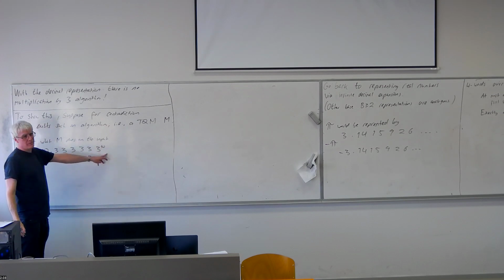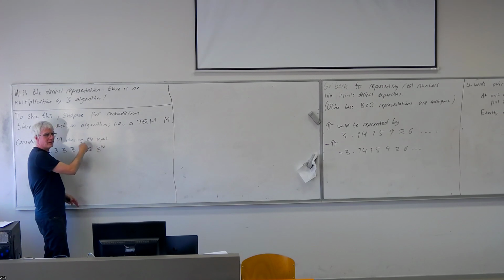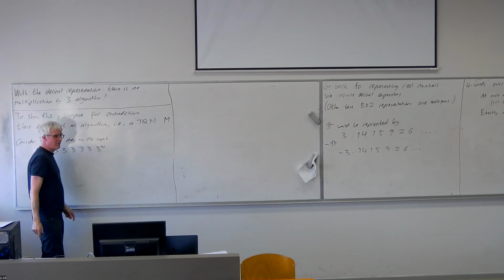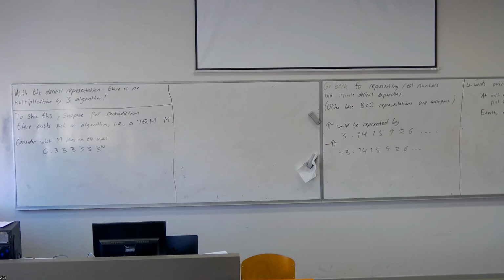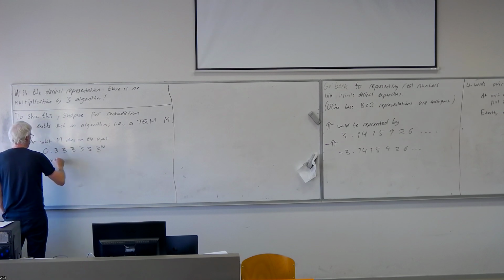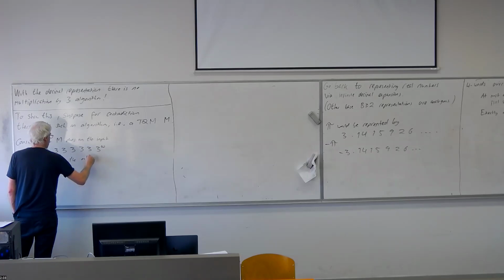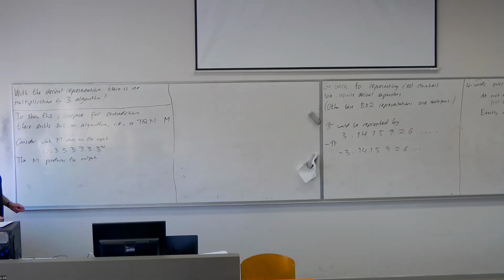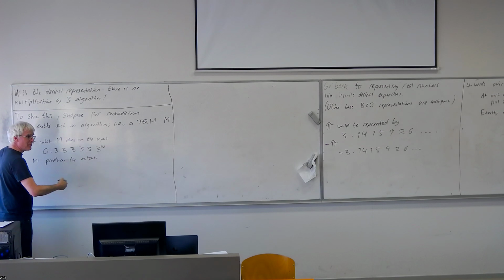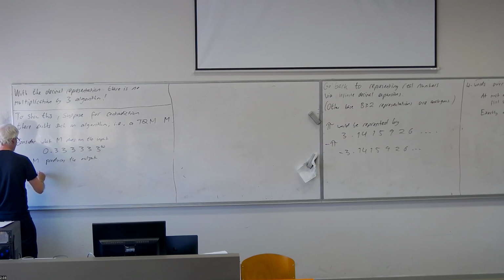The 3 to the omega here means we continue with an infinite number of 3s. So then M produces the output. What output does the machine M give if we give it 0.33333333 as its input? 1.000000, and so on to the omega.